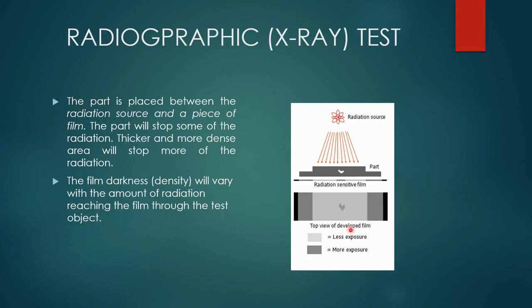So you can see over here less exposure is mentioned here and more exposure is mentioned here. So if a crack is there, then there will be less exposure, right? Because radiations are not absorbed here as compared to the adjacent part. So it is a simple kind of thing, but we cannot find out how deep it is.